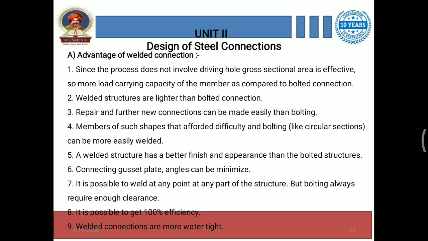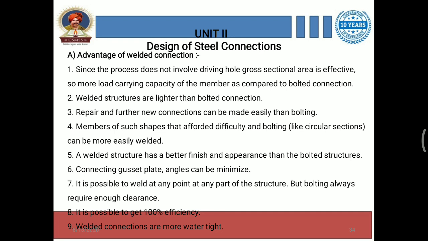That's why bolted connections are heavier than welded connections. Then repair and further new connections can be made easily compared to bolting, just by doing the welding process. Then members of such shapes that afford difficulty in bolting, like circular sections, can be more easily welded.